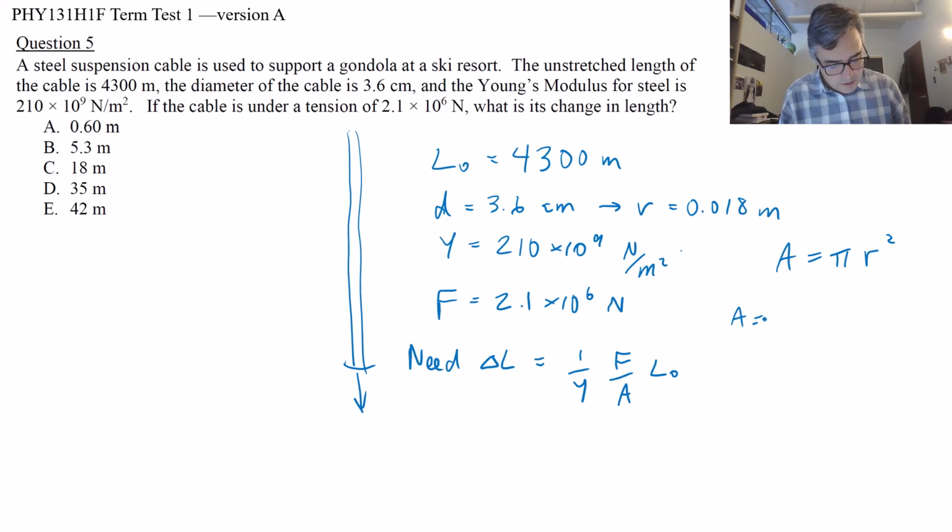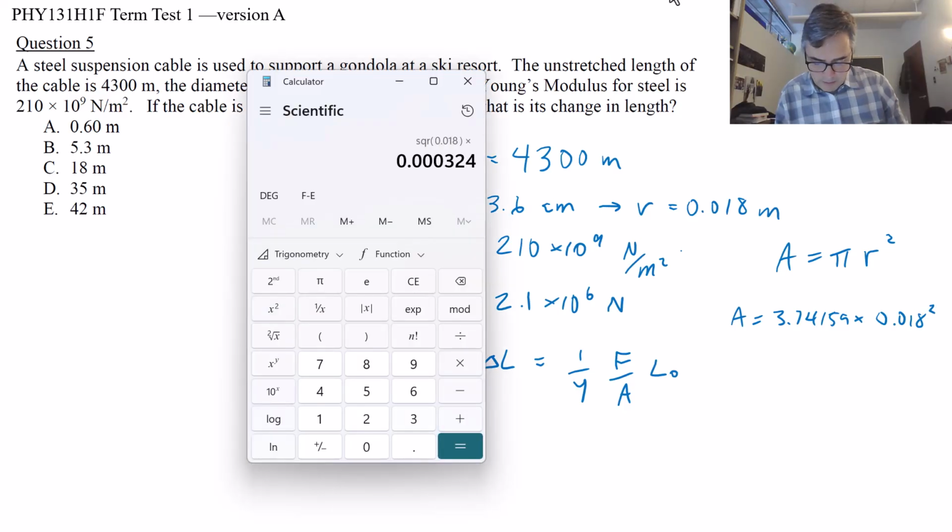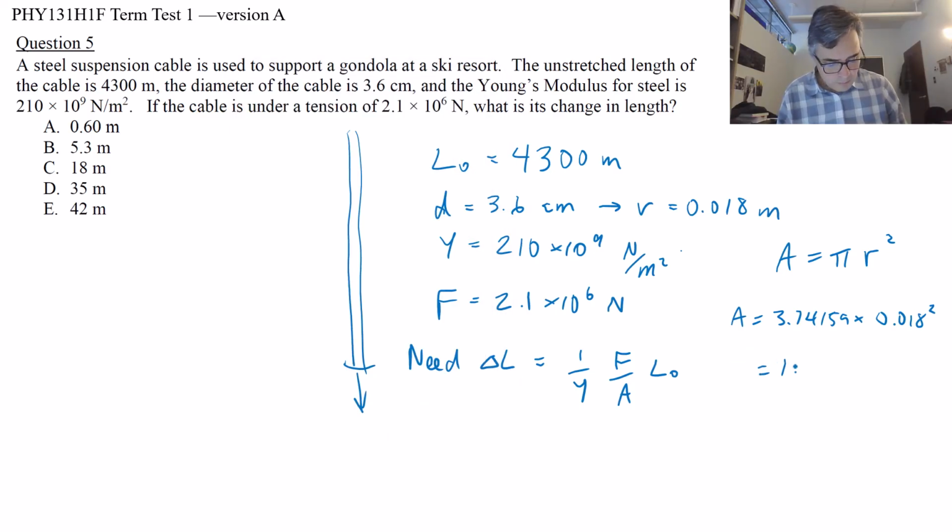And so A is equal to 3.14159 times 0.018 squared. So square that and times it by 3.14159. And I get the area is 1.018 times 10 to the minus 3 meters squared.